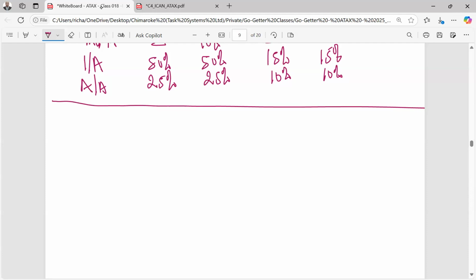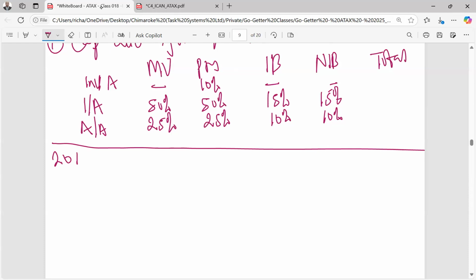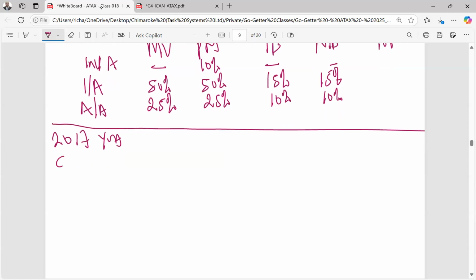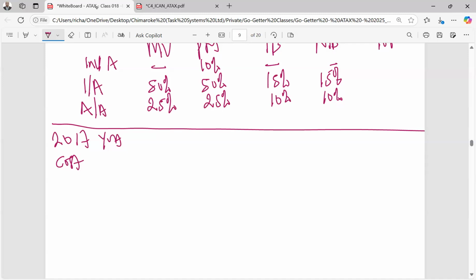So this is for, what's the year of assessment? We are dealing with 2017 year of assessment. All right. So we are going to say costs. What are the costs? 1,250,000.